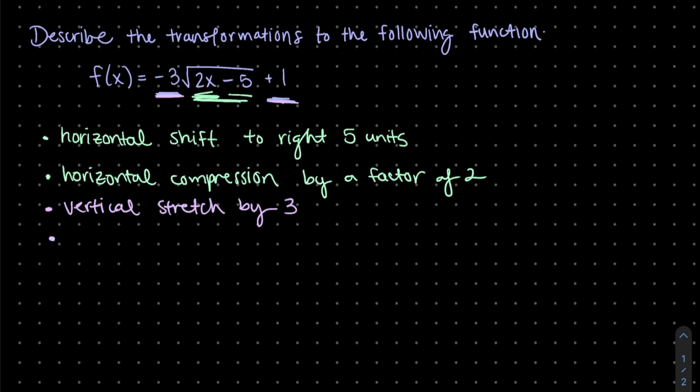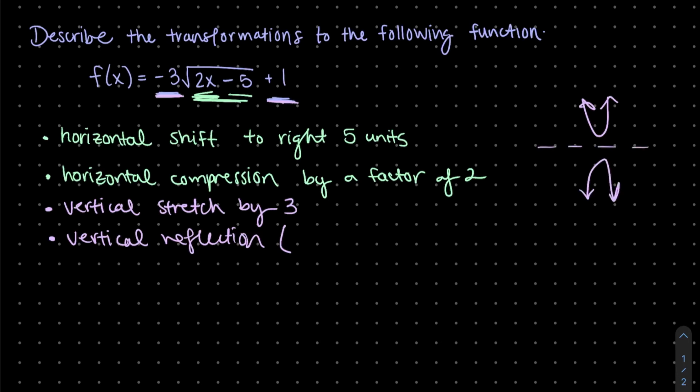You can either call this a vertical reflection, because the negative is on the outside, or think of it, if it was up and it's being vertically reflected, now it's going down. It's kind of counterintuitive, but that's going to be over the x-axis. So we could also call this a reflection over the x-axis. Those are the same thing.